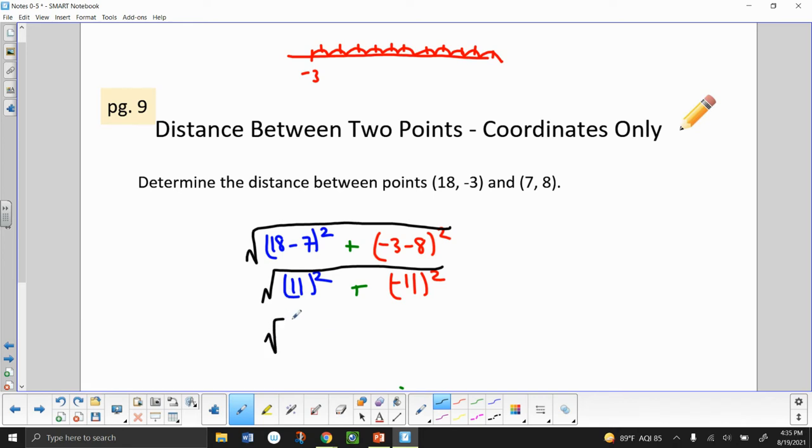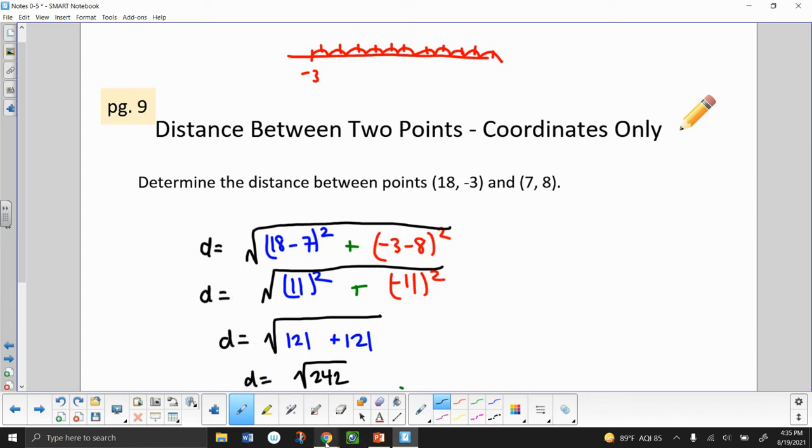So really what we're doing here, let's just finish this problem. 11 squared is 121. -11 squared is 121. So then we have square root of 242. That's the distance between the 2 points. So I'm just going to write it as d equals.